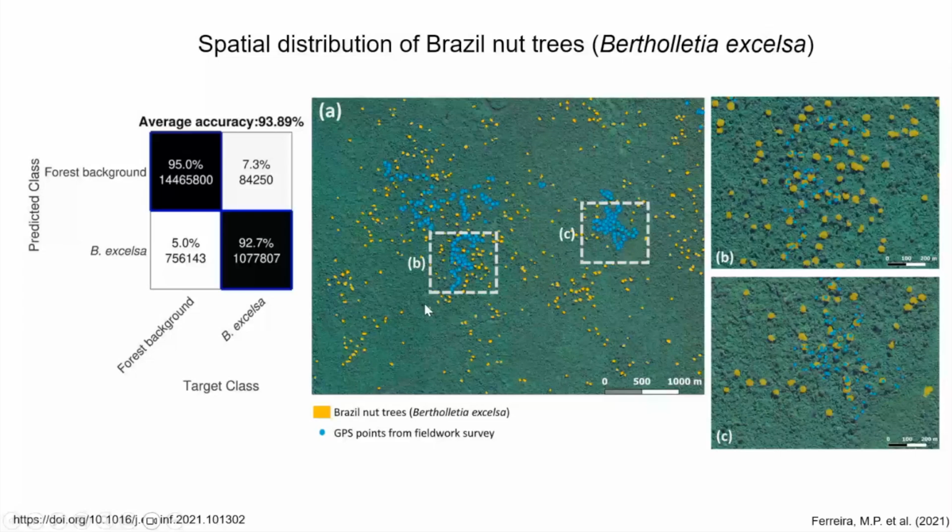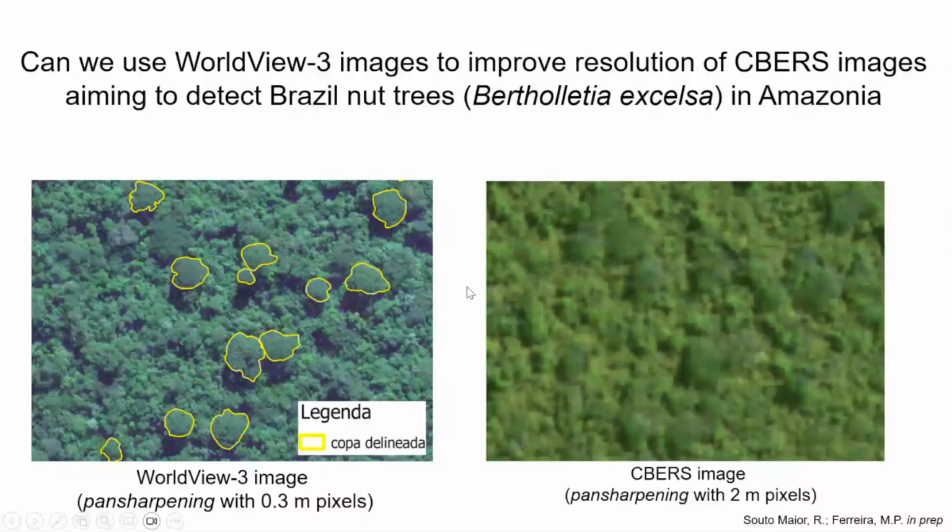The problem with this work is that it was based on WorldView 3 images, and as we know, WorldView 3 images are very expensive. For this purpose, we would like to test if we can use WorldView 3 images to improve the spatial resolution of CBERS images.